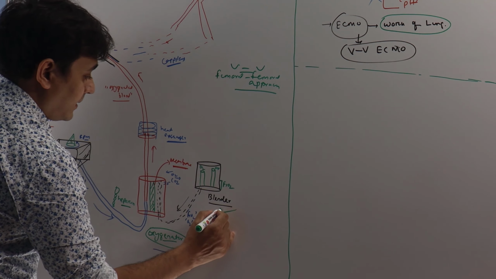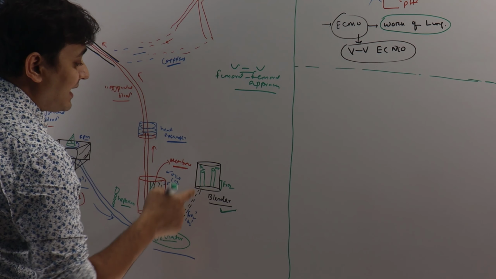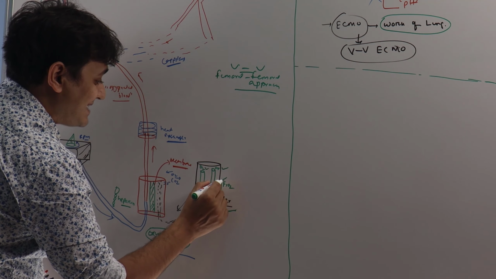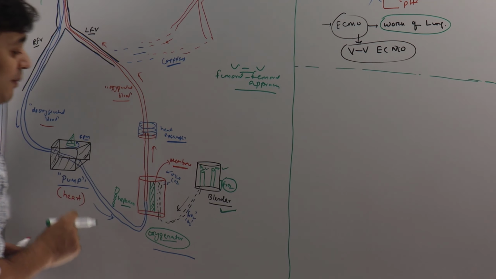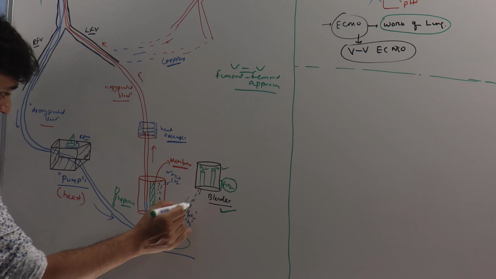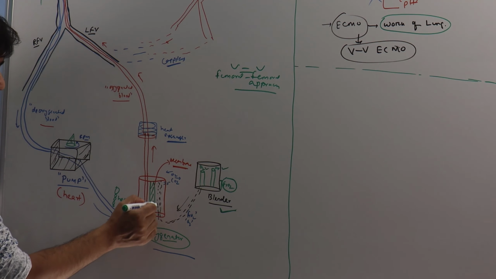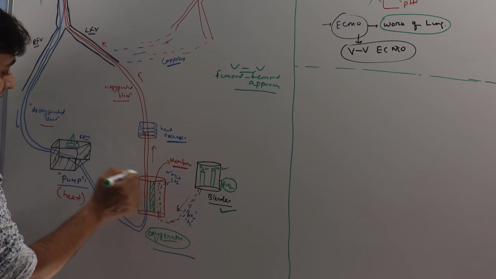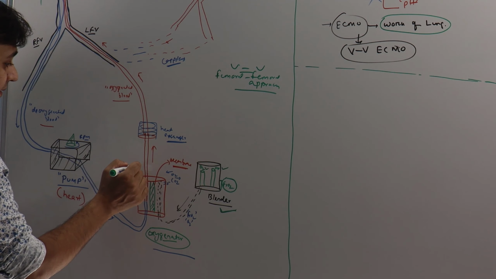That comes from a blender. We have a blender in which there are air supply and oxygen supply. It determines the FiO2, how much FiO2 you want to give to the patient. From here, the oxygen will travel through the oxygenator while the blood is also traveling.